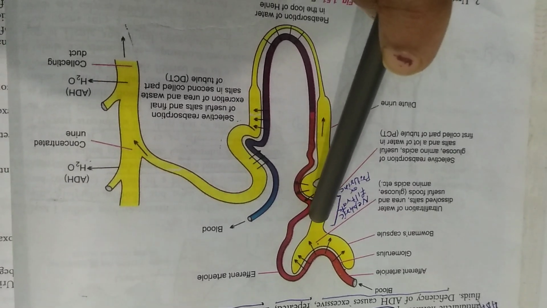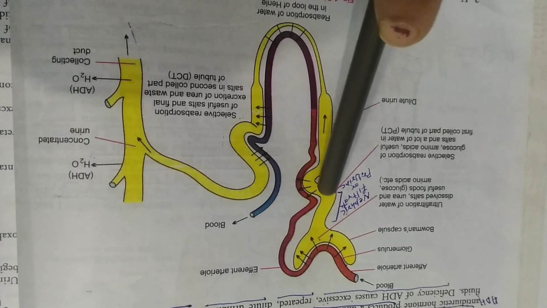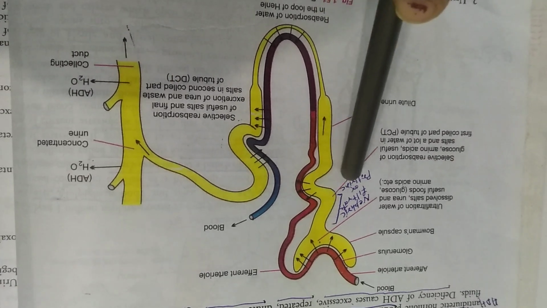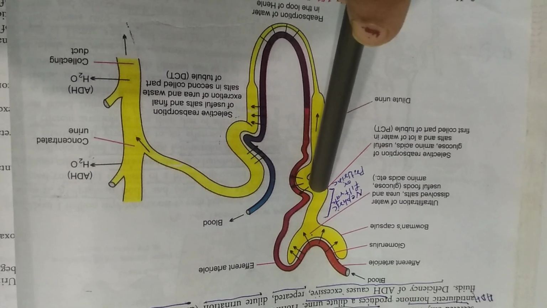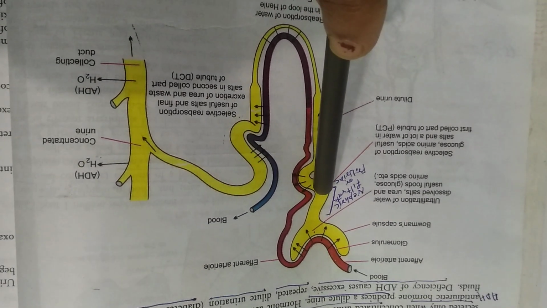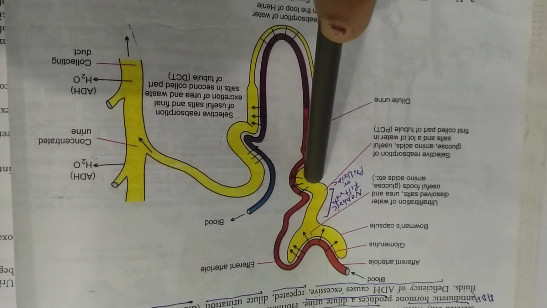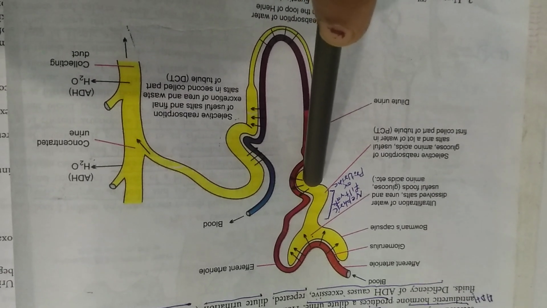Now the second part is reabsorption. Nephric filtrate, also called primary urine, passes into the proximal convoluted tubule. The components of nephric filtrate are glucose, vitamin C, calcium, potassium, sodium chloride and water, about 25%.